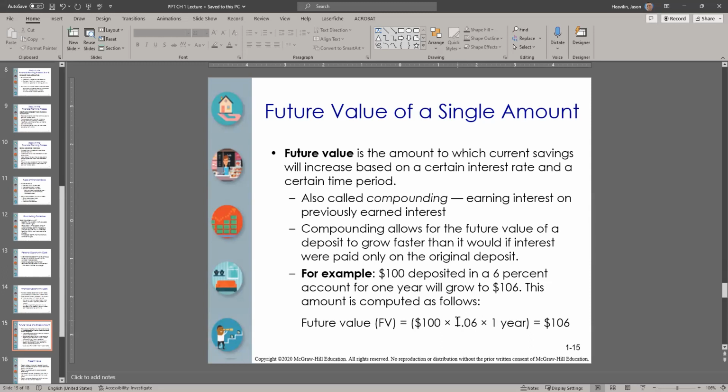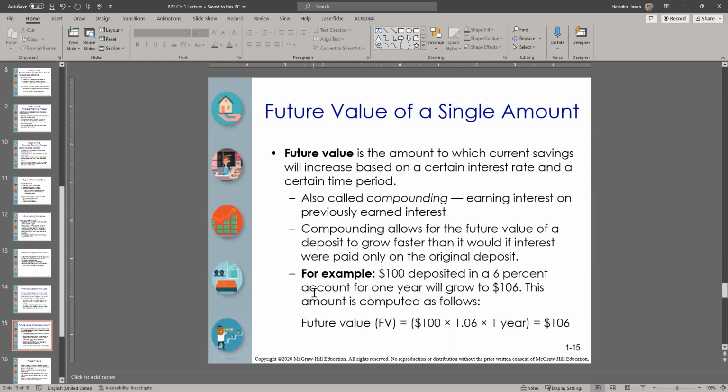The 1 in front of the 0.06 is a way to account for the $100 that you're putting in. And then the 0.06 is going to be that 6%. But since you only do it for 1 year, you have $106. And that is a simple way to calculate future value.